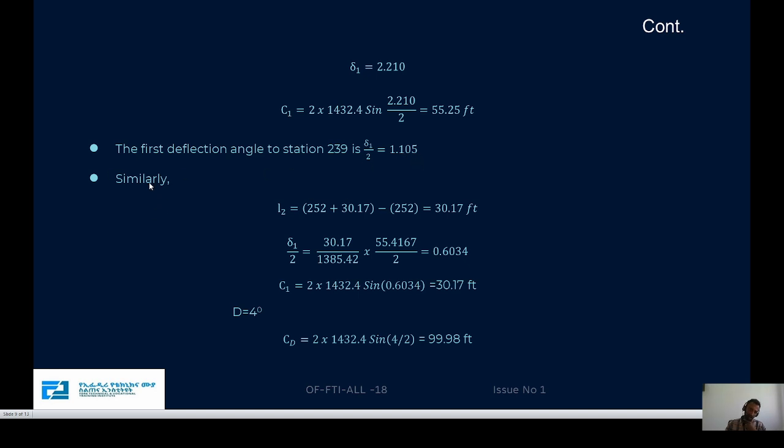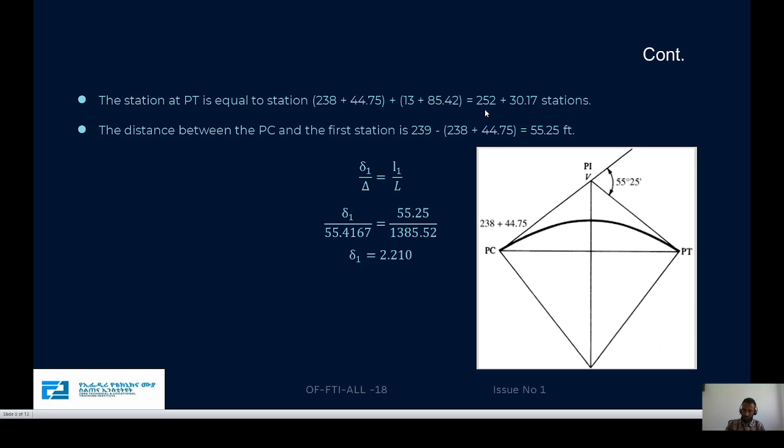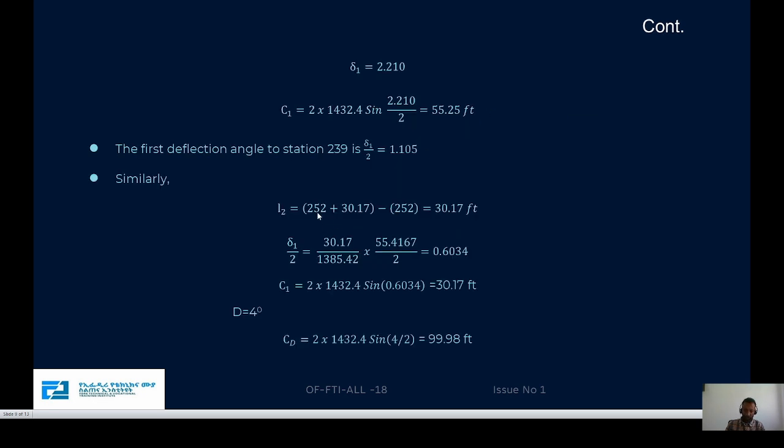Similarly, we also calculate the last deflection. The last station is the point of tangent, already calculated, 252 plus 13.17, and the whole station is 252 plus 00. So the last length will be 13.17 feet.